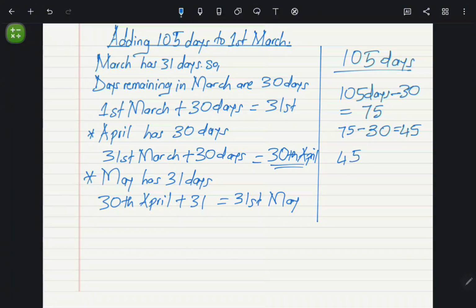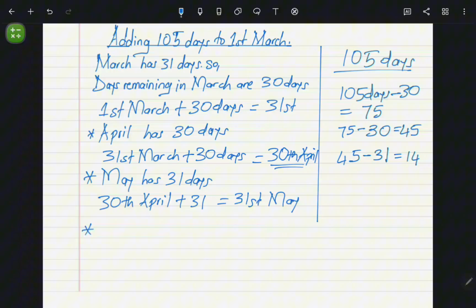So we shall have here 45 minus 31, which is equal to 14. So we are remaining with 14. This 14 is coming from the fact that we have removed 31 from our 105 here on our right hand side, and we've added it onto the month of April. So now when we add 31 onto the 30th of April, we remain with 31st May, not so?